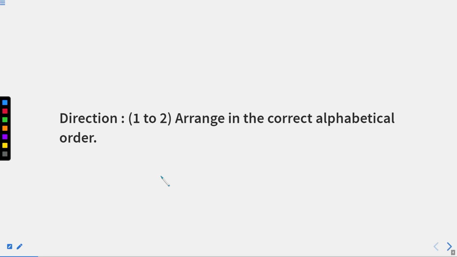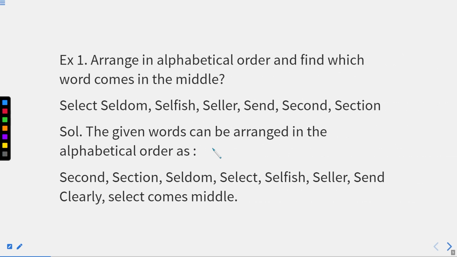So the direction for the first two questions is given, that is, arrange in the correct alphabetical order. Now you are given some certain words. You have to look at the letters of each and every word and arrange them accordingly as they are arranged in the dictionary. So the first question is: arrange in an alphabetical order and find which word will come in the middle.